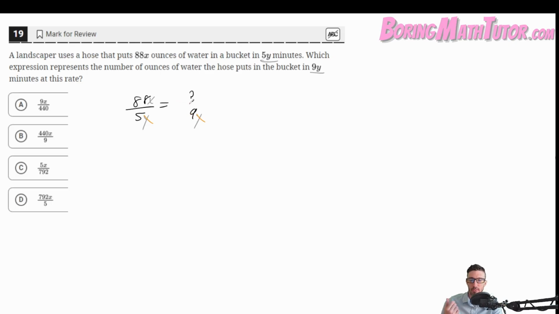Well, how do I get rid of a divide by 9? I get rid of it by multiplying by 9. That'll get rid of it, and now you're left with this, and it looks like 9 times 88 is probably 792, and I should be done with the problem right then and there.